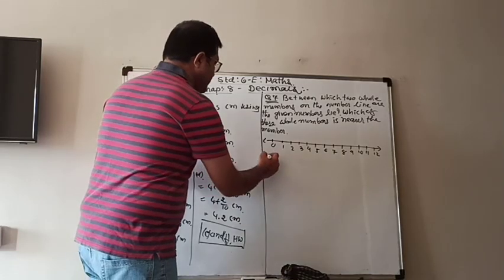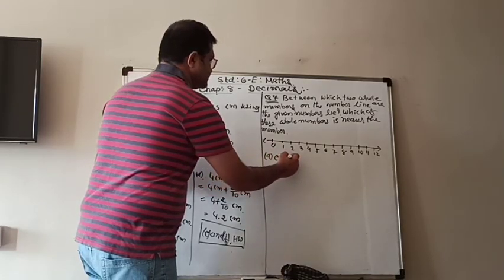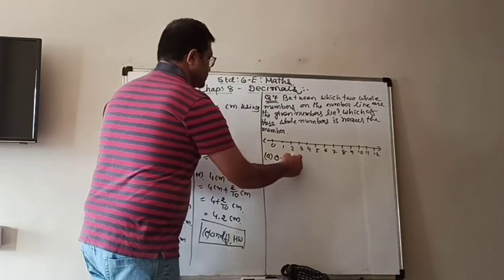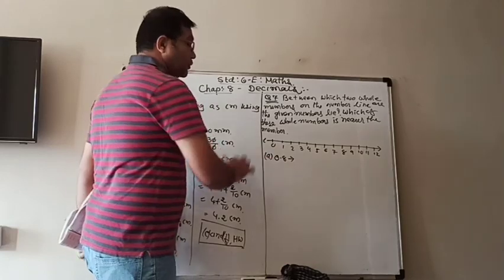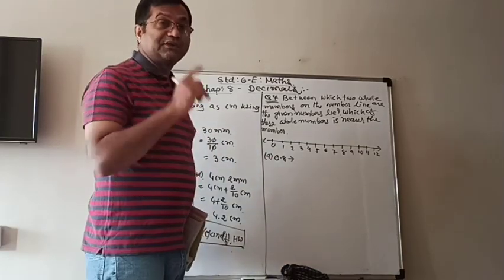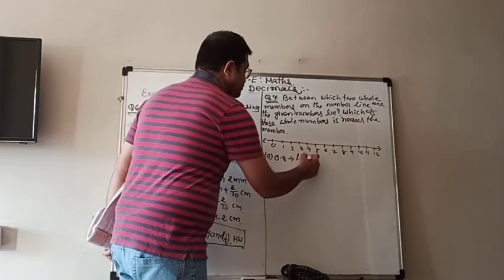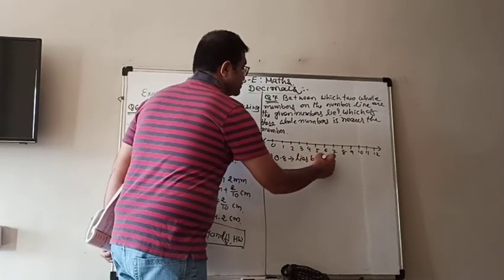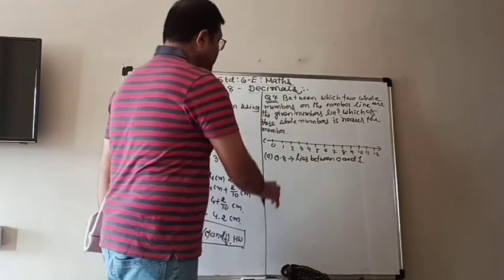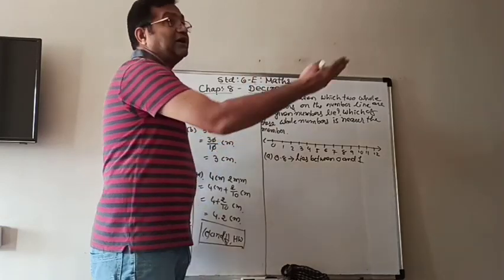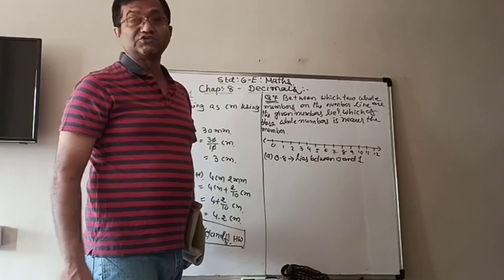Now first number is 0.8. Now the whole part is 0. It means it lies between 0 and 1. And you can see that 0.8 is more nearer to 1, not more nearer to 0.